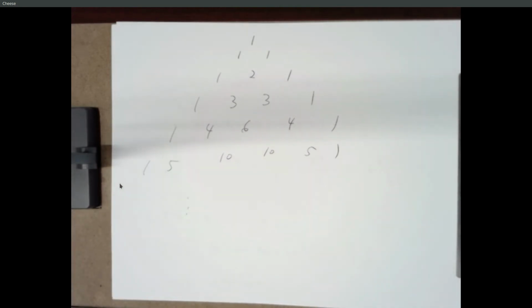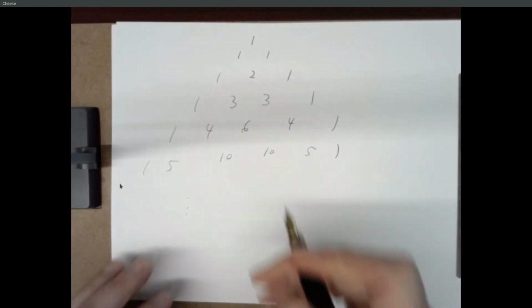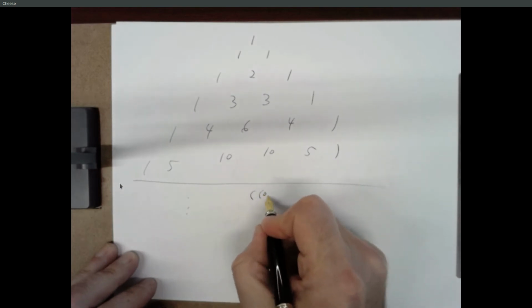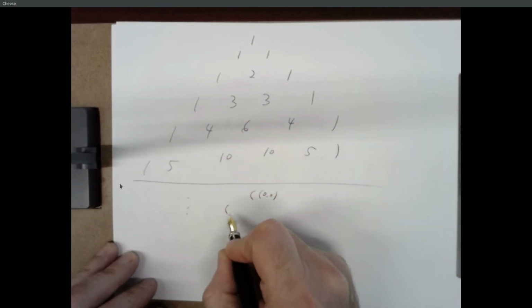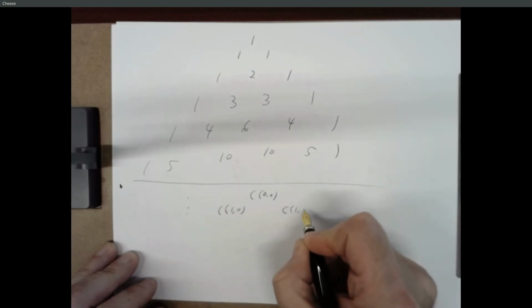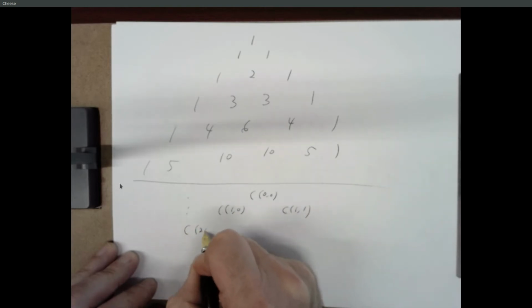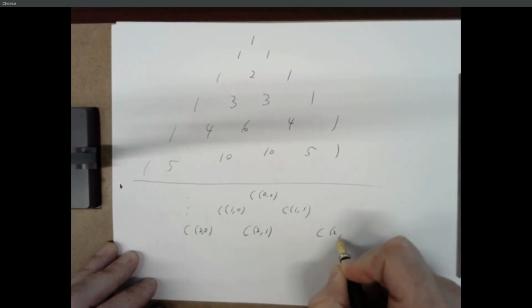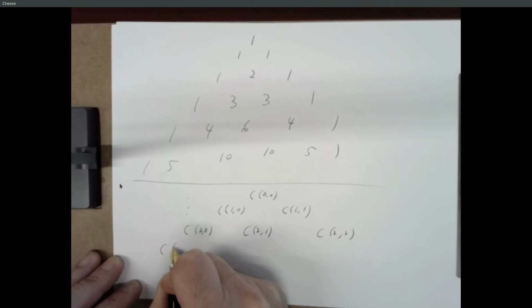And it goes on. And this is the same thing as C00, C10, C11, C20, C21, C22, and so on.